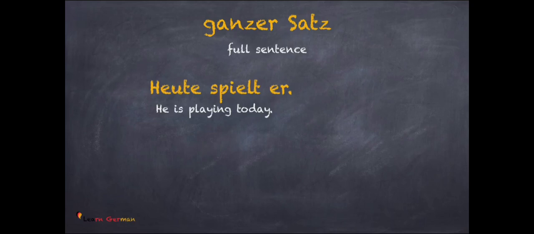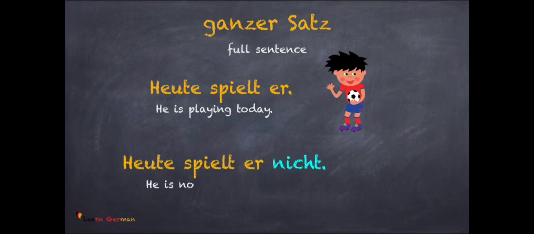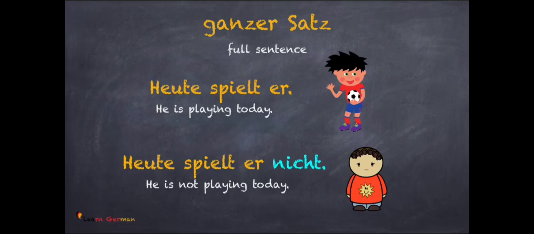What to do when you have to negate the full sentence? Ganzer Satz. Let's see. Heute spielt er. This is the sentence which we have to negate. Heute spielt er nicht. As you can see, the nicht is placed here at the end of the sentence.